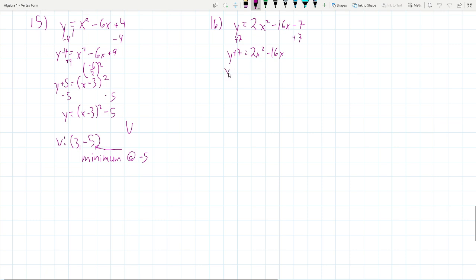I factor out the 2, x squared minus 8x. We're going to have some number that we add in there. I go negative 8 divided by 2 squared. 8 divided by 2 is 4, squared is 16.